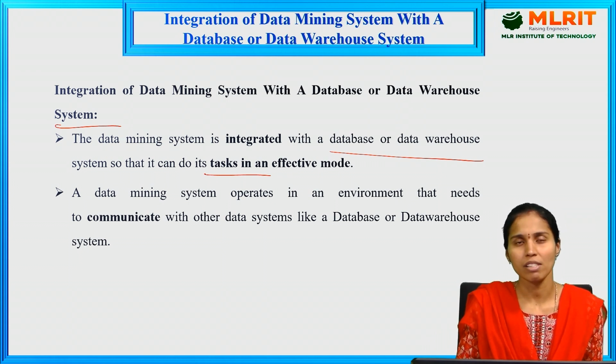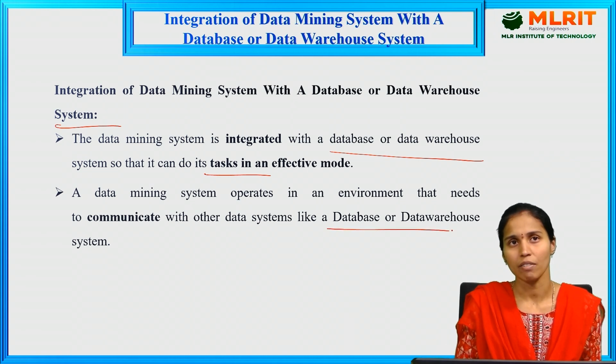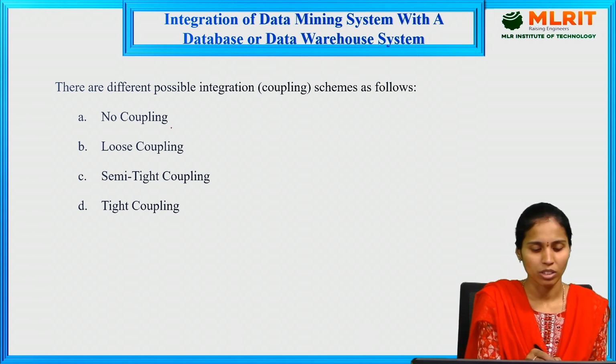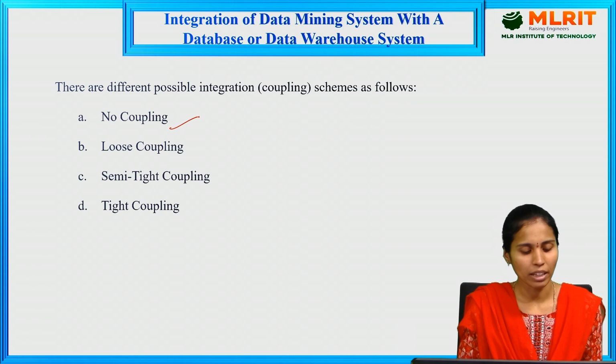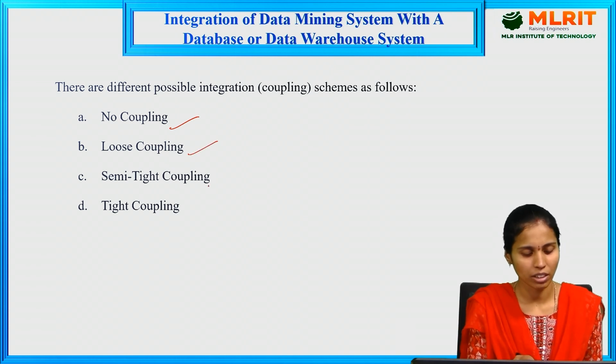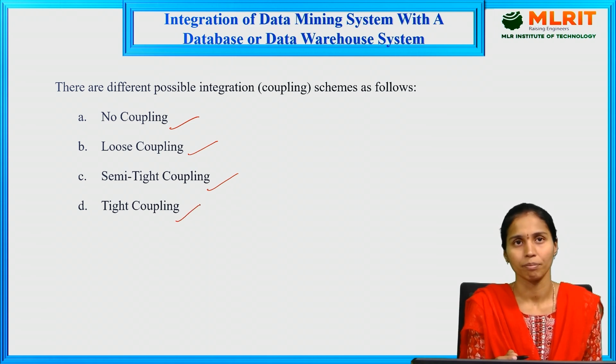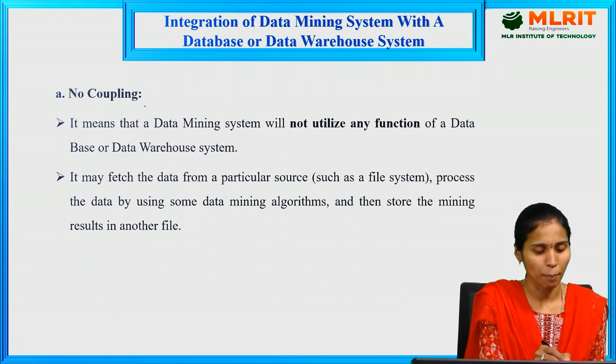A data mining system operates in an environment that needs to communicate with other data systems like a database or data warehouse system. There are four types of possible integration schemas as follows. First one is no coupling, second one is loose coupling, third one is semi-tight coupling, the last one is tight coupling.